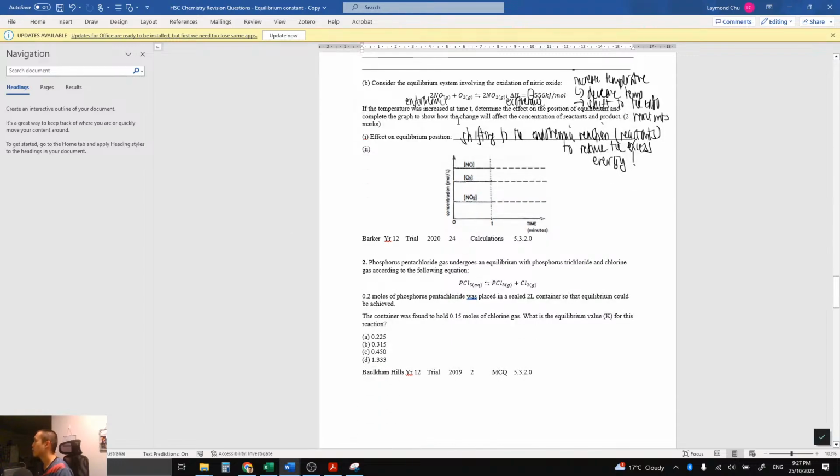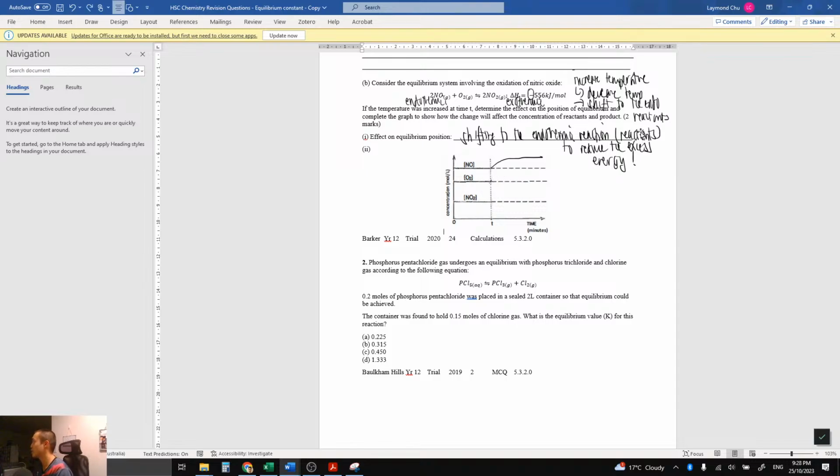And then we want to draw on the graph how that will change the concentration of our reactants and products. Okay, so if we shift to the left, we produce more O2 and we consume our NO2. It's very arbitrary, but NO would increase twice as much as your O2.